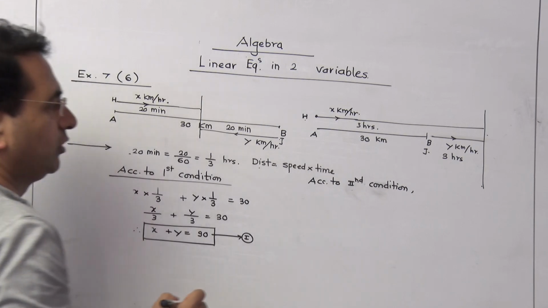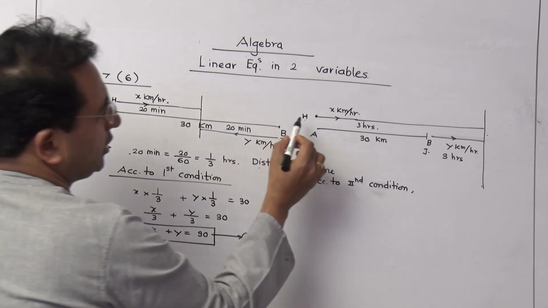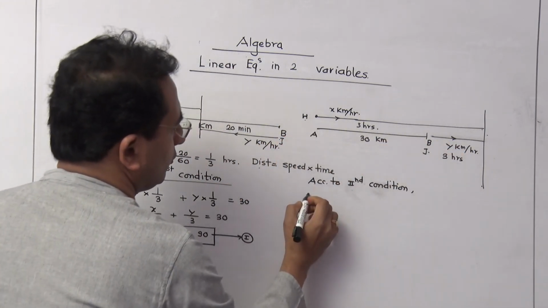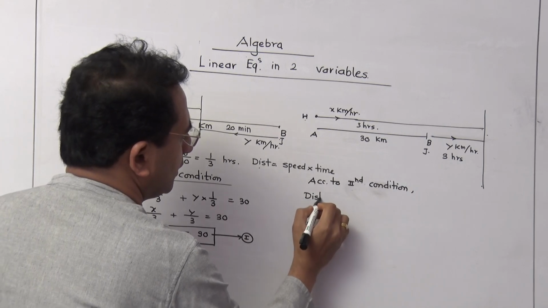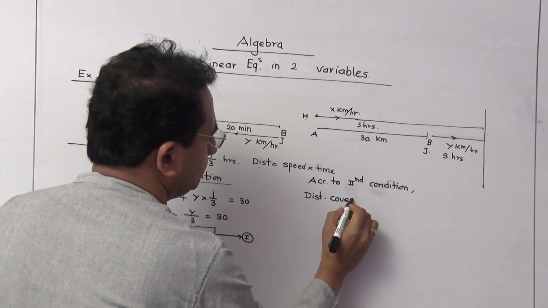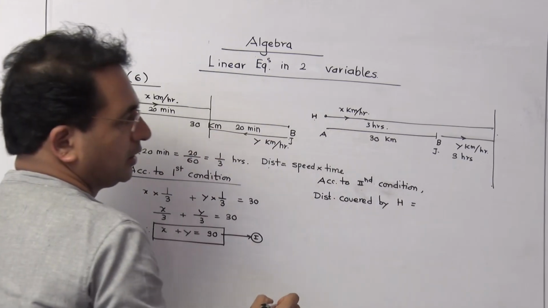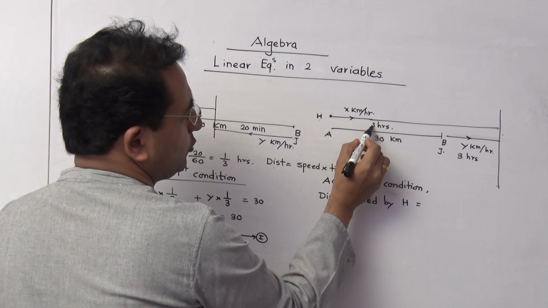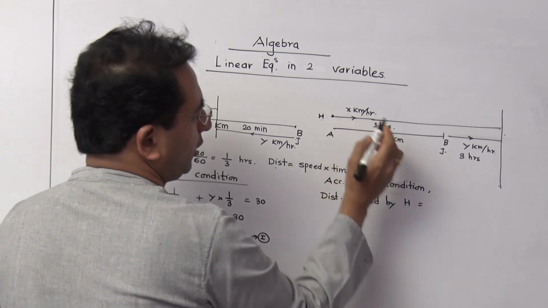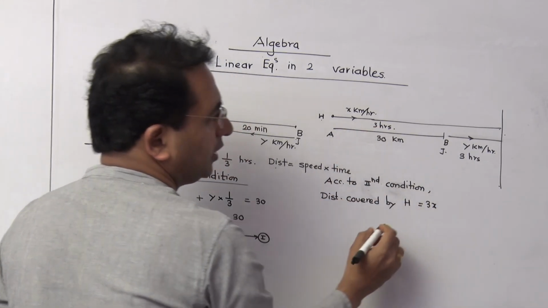See this second condition. What is the distance covered by Hamid? What is the time for which he is moving? 3 hours, and x kilometers per hour, so it is 3x.